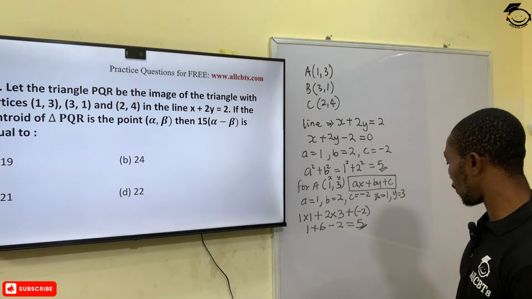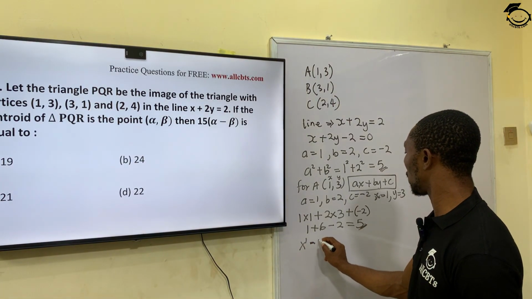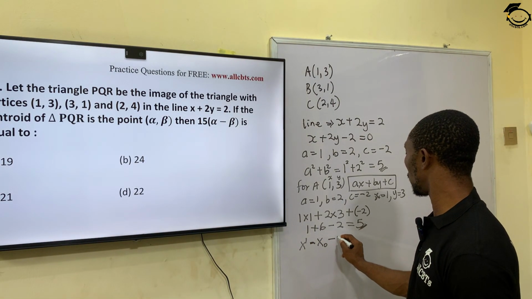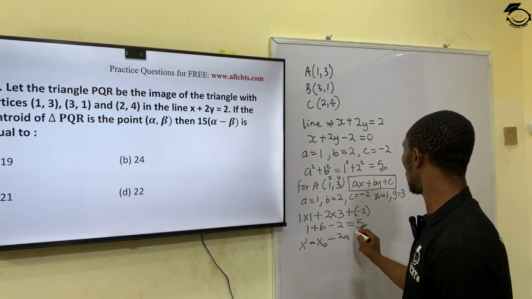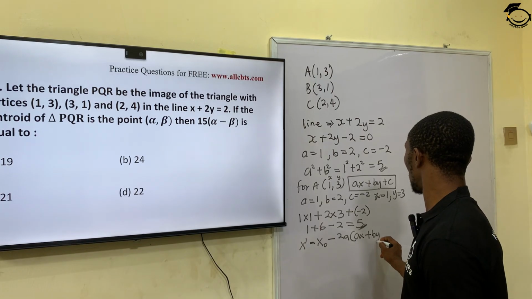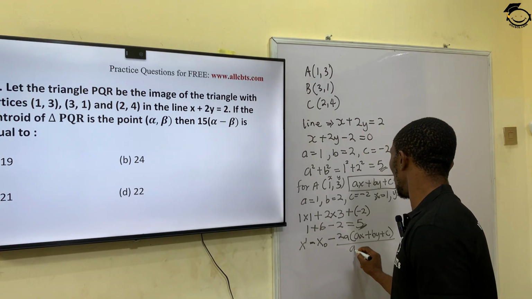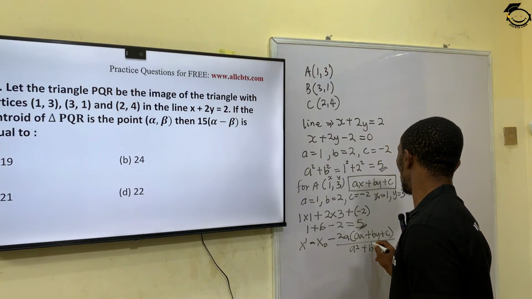Now for our x bar, we have x0 minus 2a times bracket ax plus by plus c, all over a squared plus b squared.